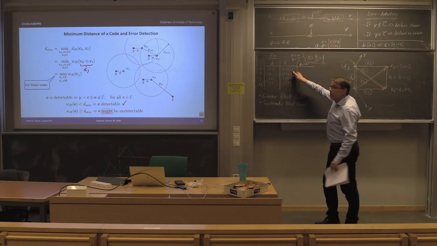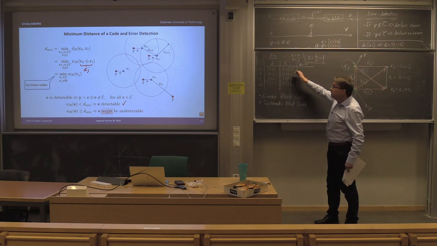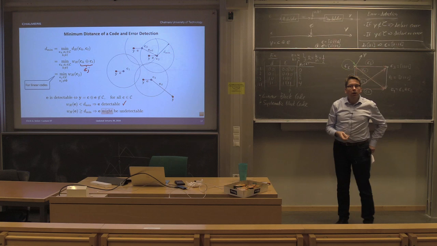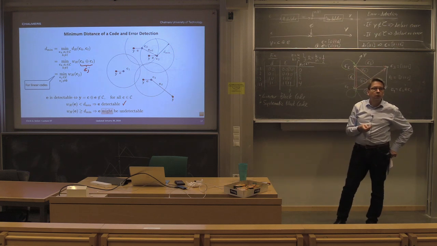So what is the Hamming weight of this code word? 0. And this 2. This 2. This 4. So what is the minimum distance for this code?